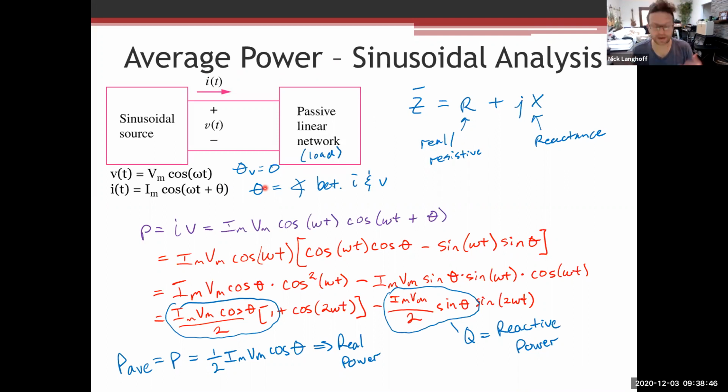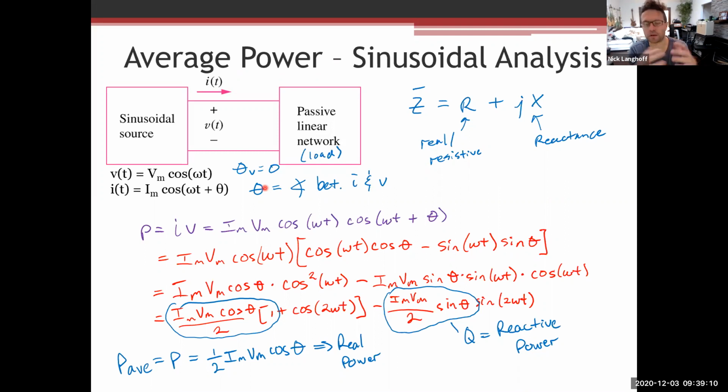Well, not necessarily anyways. As a pop quiz question, what kind of load has the voltage and current entirely in phase? What must be true about the passive linear network if the voltage across it and the current through it are exactly aligned and perfectly in phase?